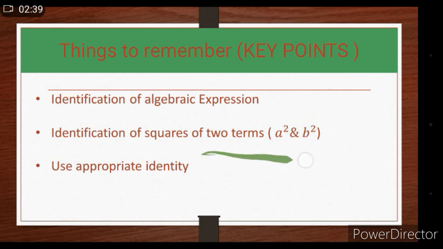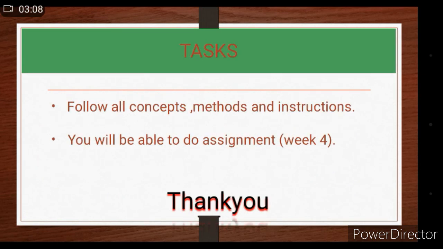After identifying a square and b square, you will use the appropriate identity, which could be the first identity, second identity, or third identity. By keeping these three points in mind, you will be able to factorize algebraic expressions using special algebraic identities. So follow all the concepts, methods and instructions.